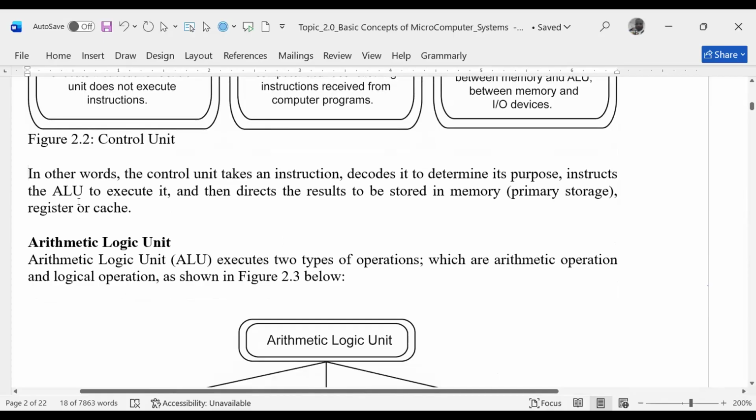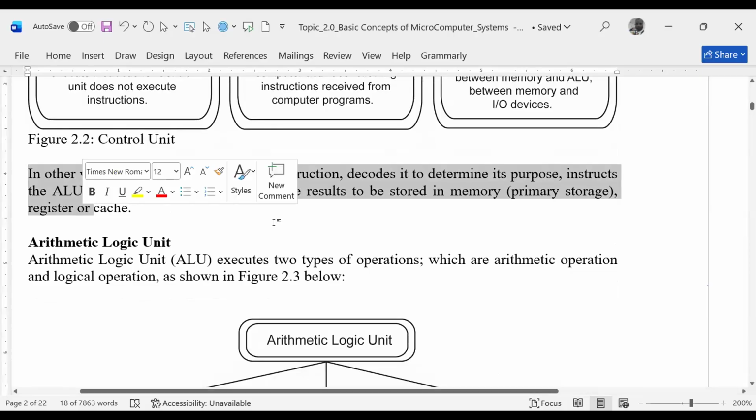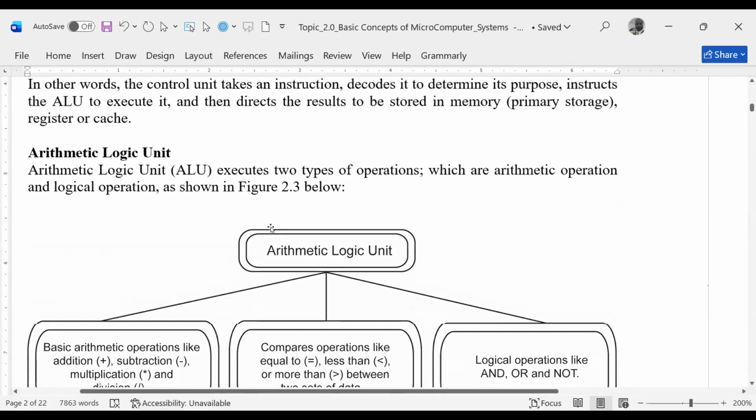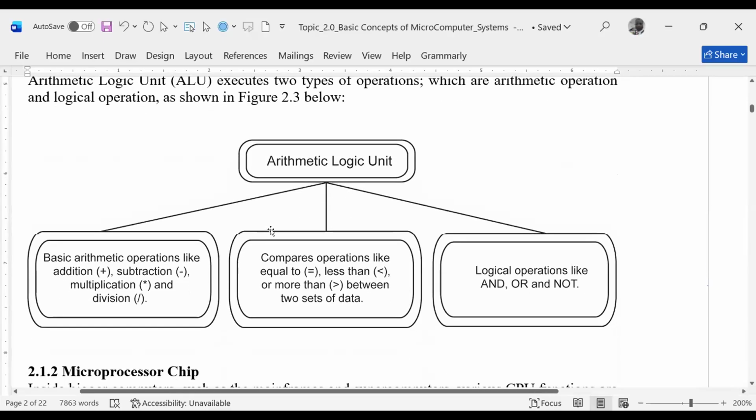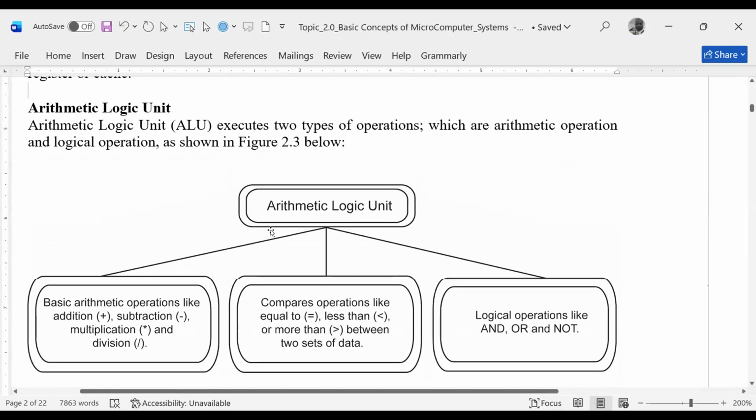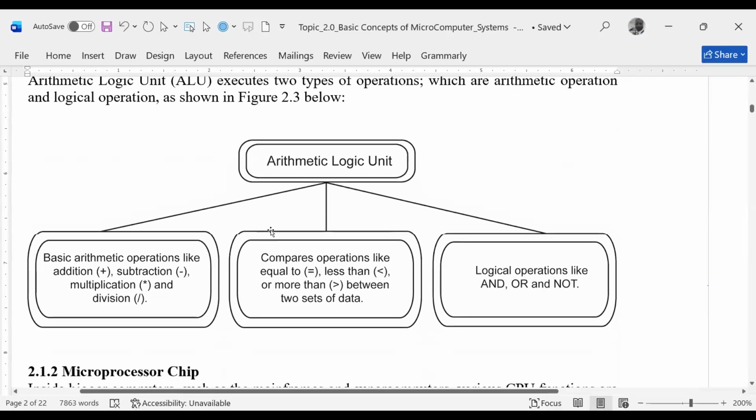In other words, the CU instructs all the activities, decodes them to their purpose, and then the ALU performs that job. So we have seen that the CPU is divided into two main components, CU and ALU, and the CU gives instructions to other components to perform their job. The CU itself does not perform any practical job. Now let's see the ALU as the second component here. It performs mathematical operations, arithmetic operations, and logical operations.